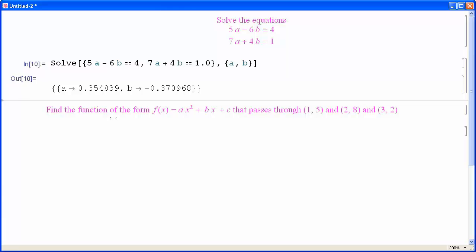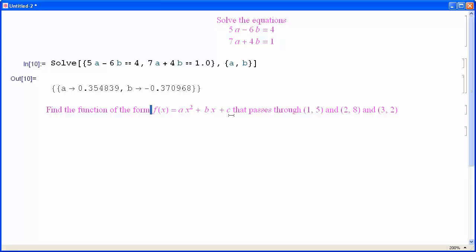The next question that's been set for us is a little bit more challenging. There's more to it because we have to generate the equations before we can do the solve. But this is the situation in which we will want to solve multiple equations.